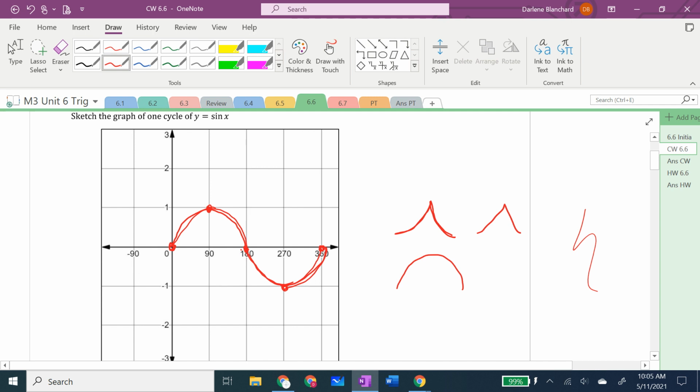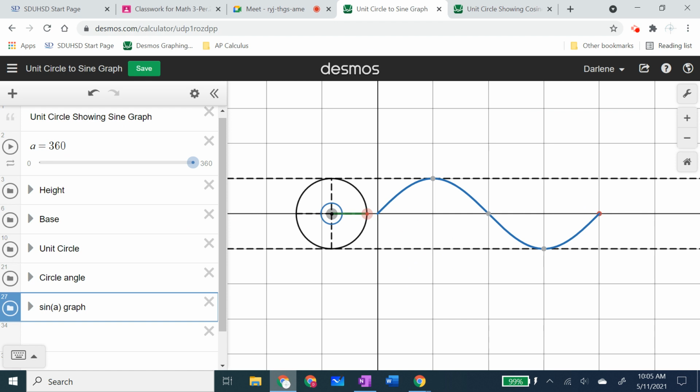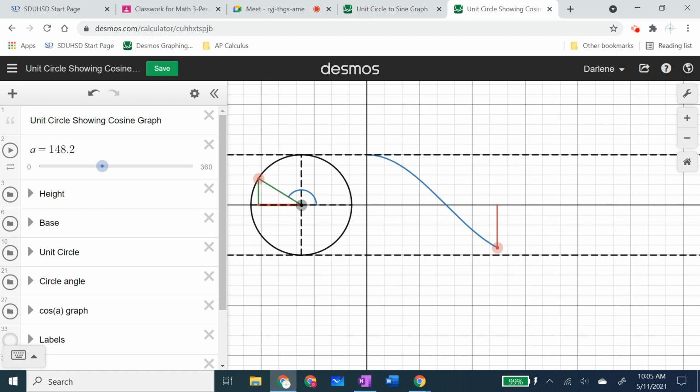Then for cosine, we are watching the x value instead of watching the y value of the unit circle. But this red horizontal distance is turning into a red vertical distance. And here we go.